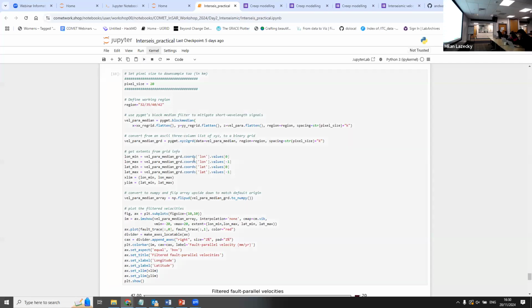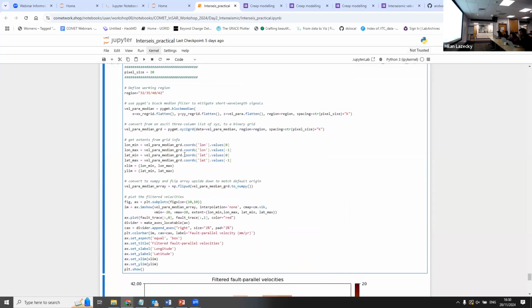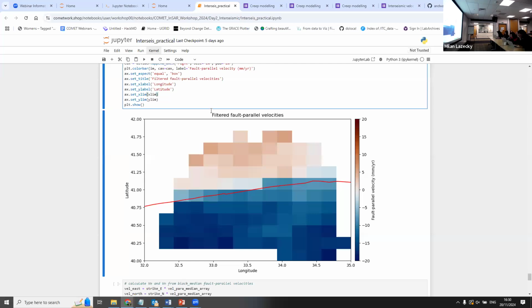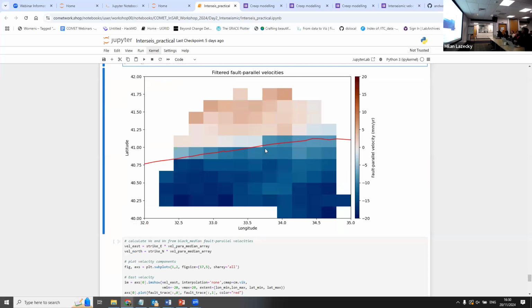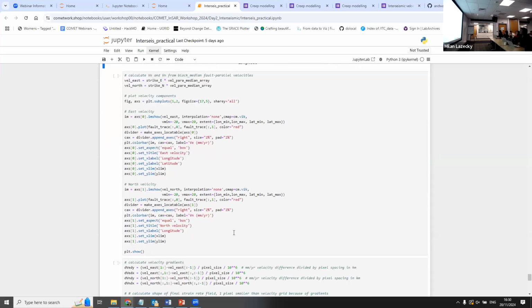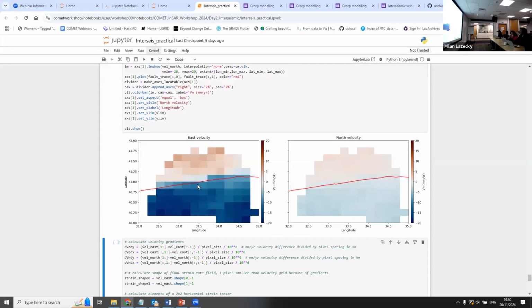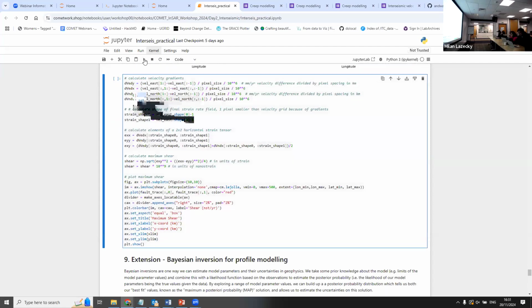So in this practical, we choose to set the pixel size to be 20, and firstly we downsample the velocities and filter them using the median filtering method, and we get the filtered fault parallel velocities. Then we get the east velocity component and the north component, and then use these horizontal velocities to calculate the strain rate.